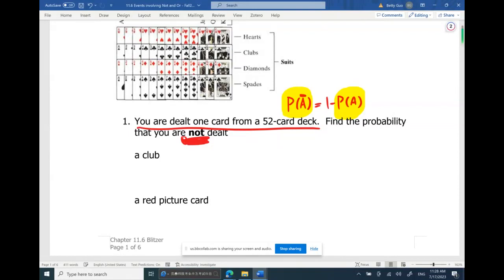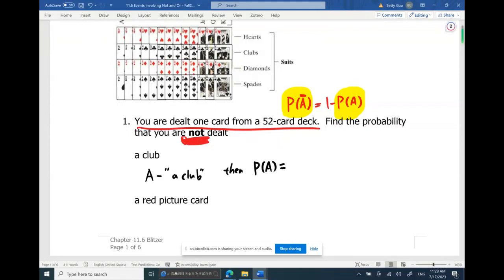We are looking for the probability that you are not dealt a club. How about let A be the event that you are dealt a club? Then the probability of A is not difficult to find, right? We have 4 suits.